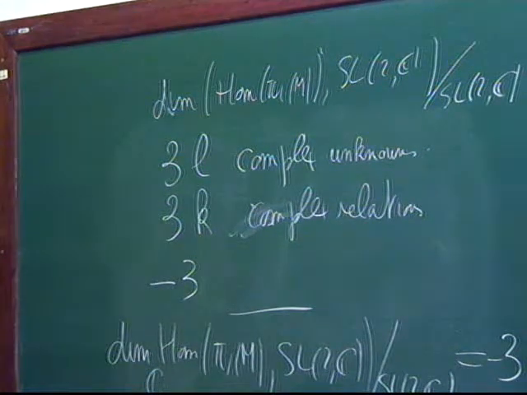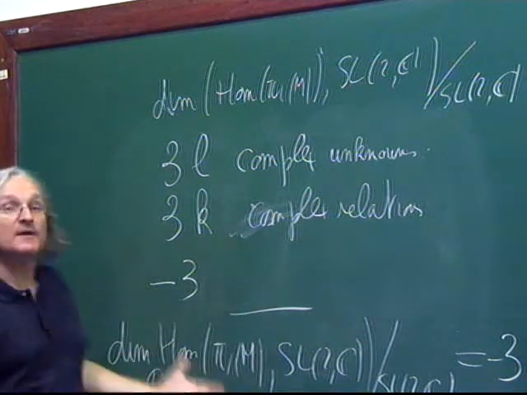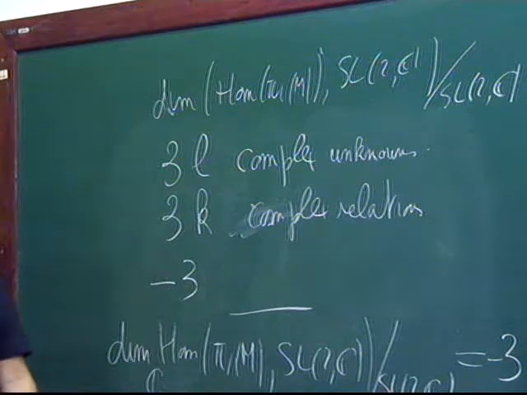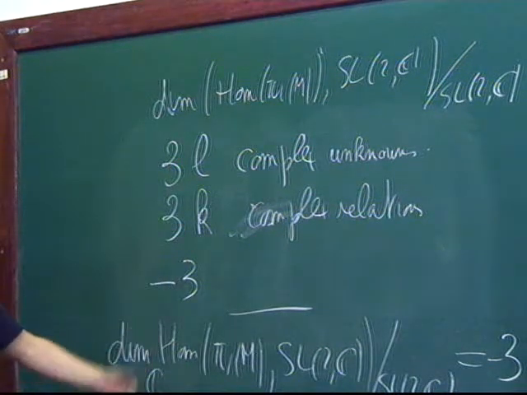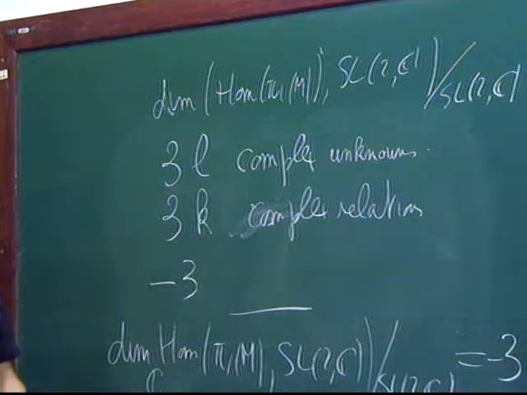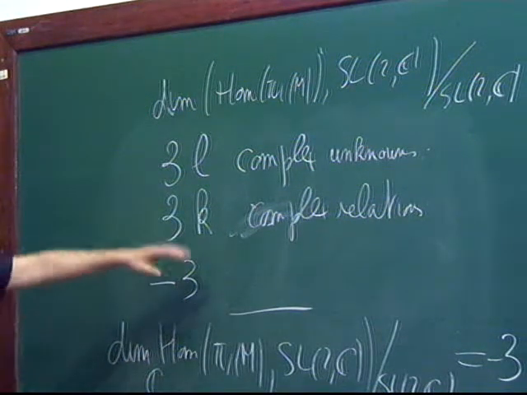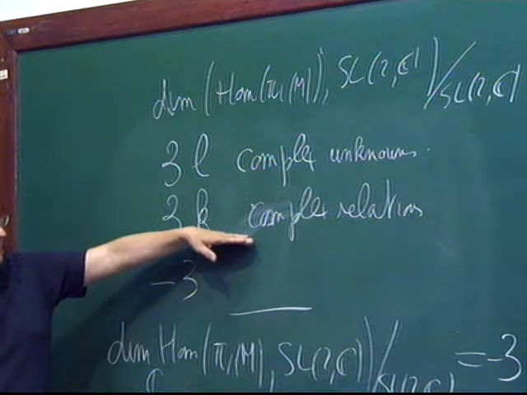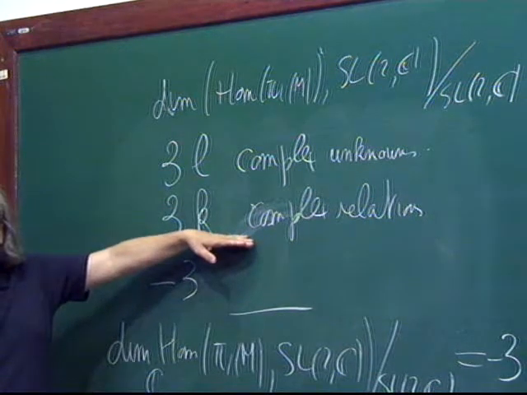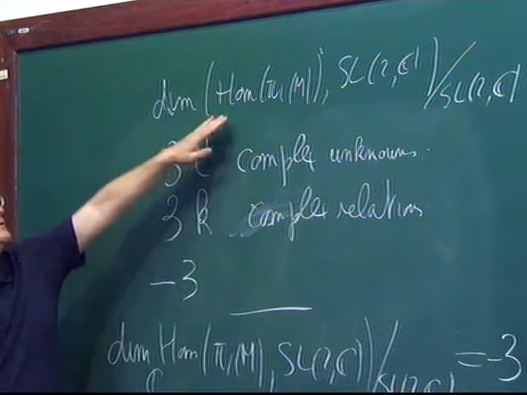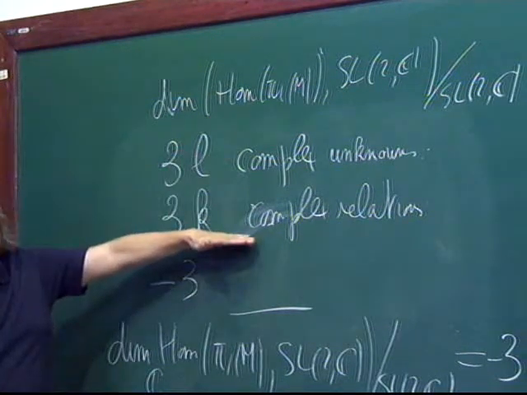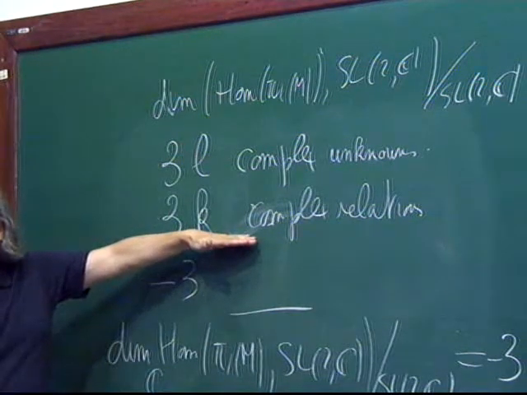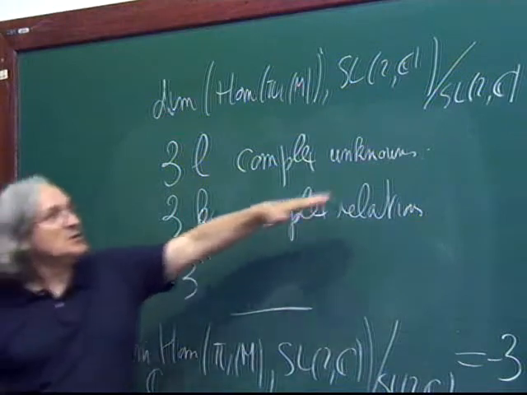Of course, the dimension cannot be negative, so there is something wrong somewhere. And what is wrong? There are not many places where it can be wrong. What is wrong is that these relations in the fundamental group turn out to be non-independent when you go to SL2C.